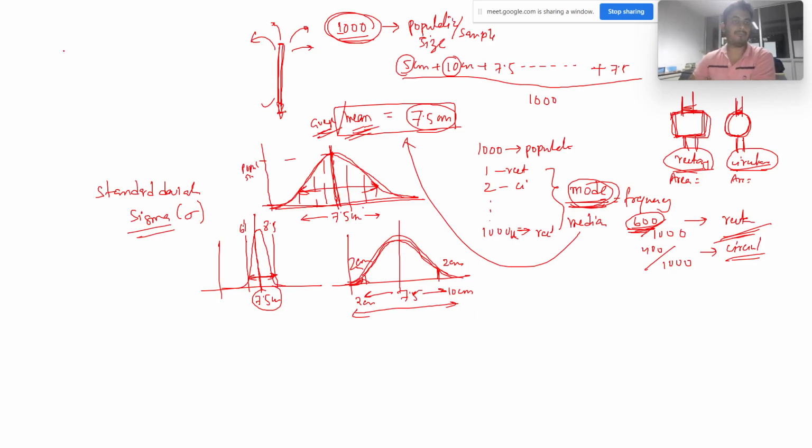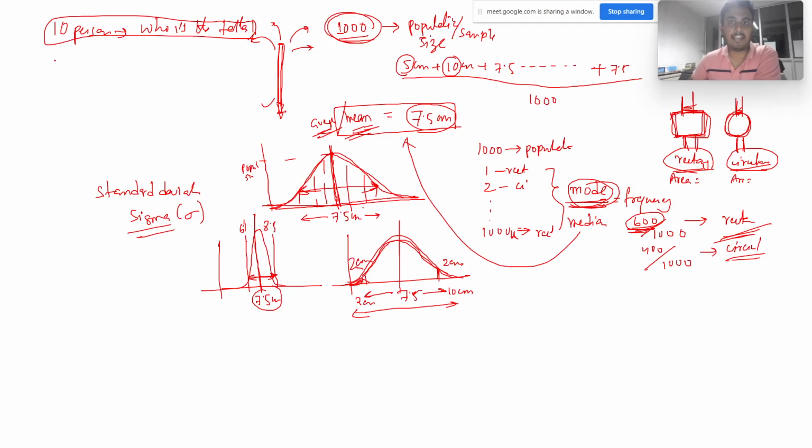Median is, for example, if you have 10 people and you ask who is the tallest, how will you measure? You have to arrange them, right?